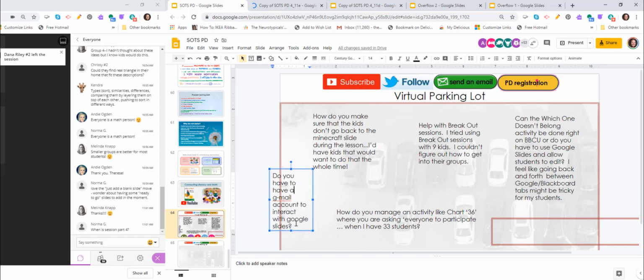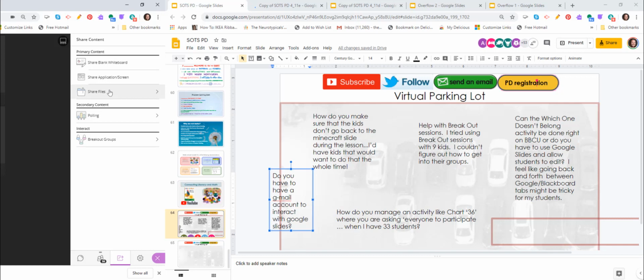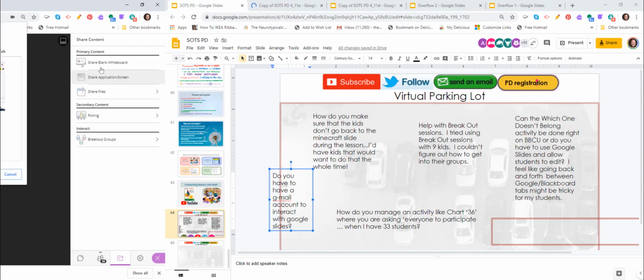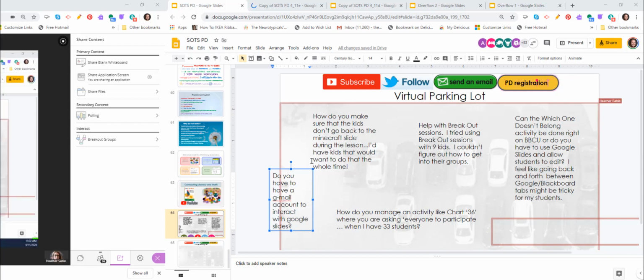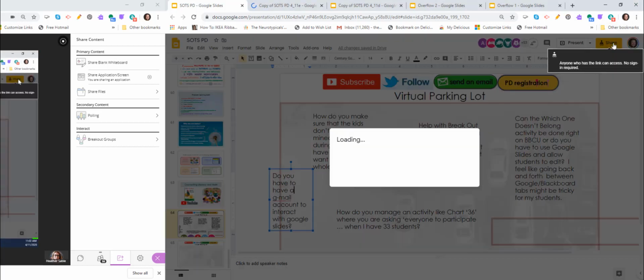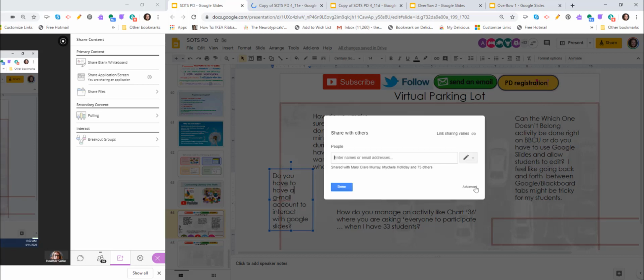Do you have to have a Gmail account to interact with Google Slides? No, there's 2 ways of sharing Google Slides. And what I'd like to do is share my screen so you all can see this. When I want to share these Google Slides with somebody, I'm going to come up to the share button. And there's 2 options for sharing.